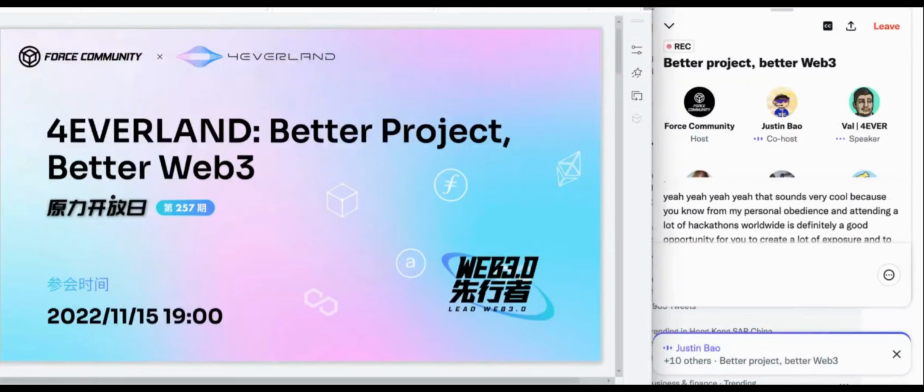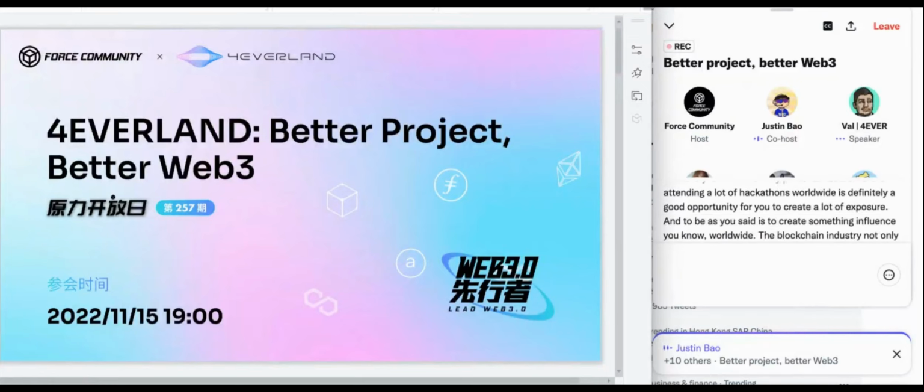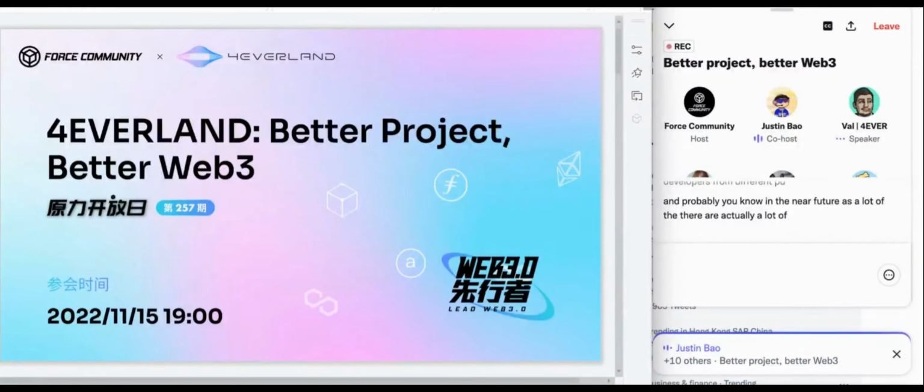You're going to onboard a lot of developers from different public chains. For example, Ethereum, and probably in the near future, there are a lot of newly emerging public chains coming this year or later this year. This is actually a good opportunity to get to know each other at different hackathons.